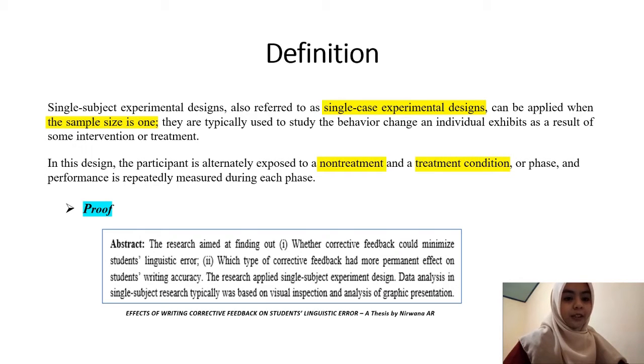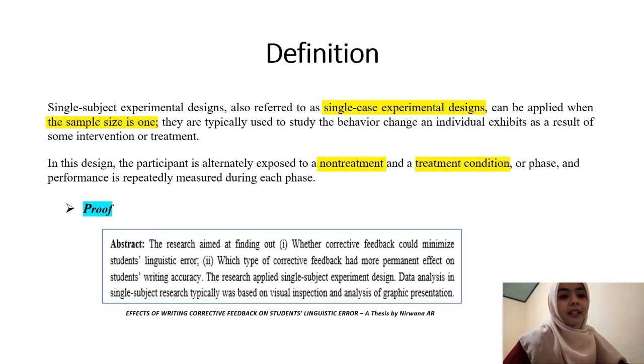The first one is the definition of single subject experimental designs. Single subject experimental designs, also referred to as single case experimental designs, can be applied when the sample size is 1. And the single subject experimental designs are typically used to study the behavior change an individual exhibits as a result of some intervention or treatment.